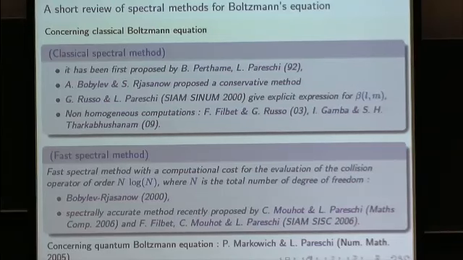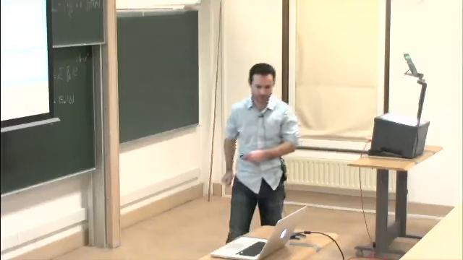And also, more recently, with Clément Mouhot and Lorenzo Pareschi, using the Carleman representation of the Boltzmann equation, we modified the spectral method in order to get a fast algorithm, still in n log n, and keeping the spectral accuracy.